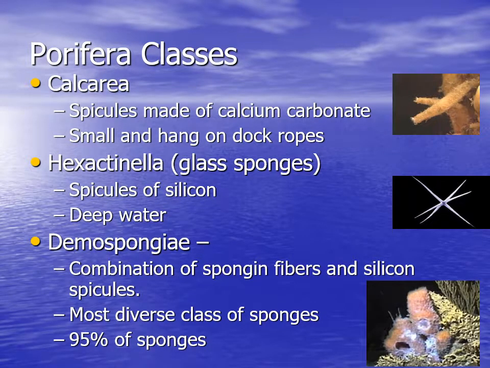So remember taxonomy, we said kingdom, phylum, class, order, family, genus, species. So now we're going to talk about some classes of Porifera. So the kingdom's animal, the phylum is Porifera, and now we're going to talk about 3 classes. We're going to get more specific. The first one is Calcarea. These are small sponges that typically hang on the ropes at docks, and they tend to live in more shallow water.